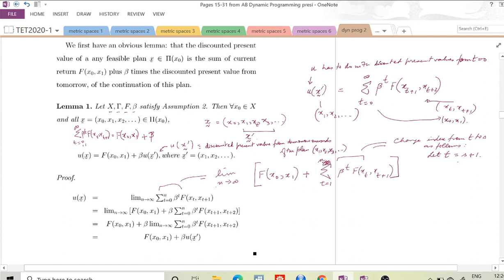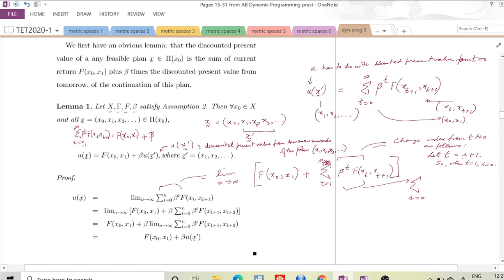Okay, and then what will happen is that when t is equal to 1, s is equal to 0. If I have a 0 here, t is equal to 1. So in terms of s, I can write this summation as summation s going from 0, so when t is 1, s is 0.